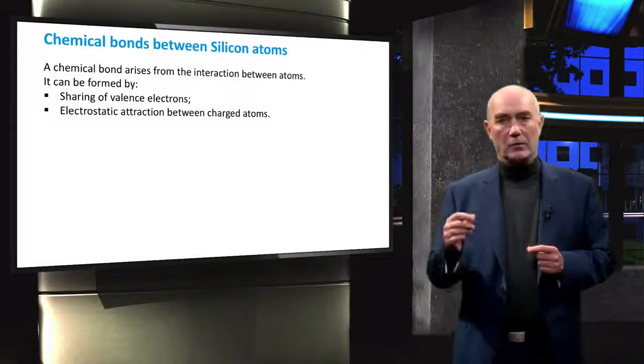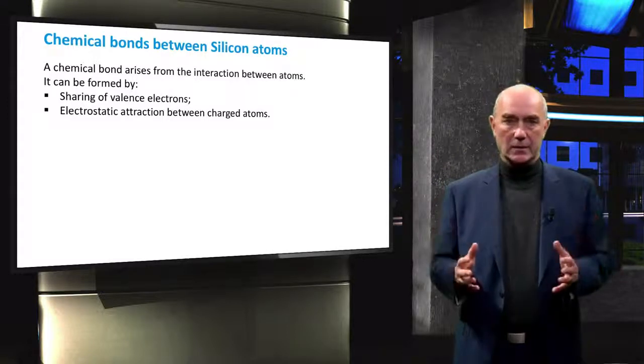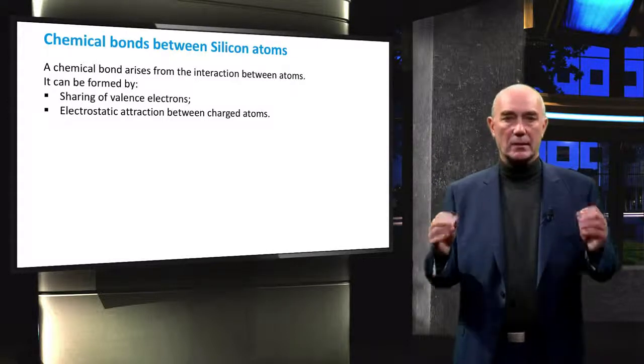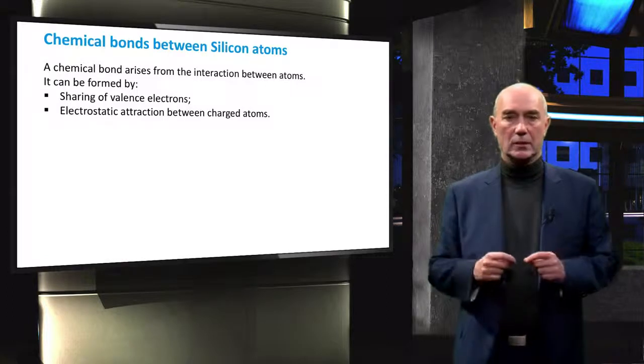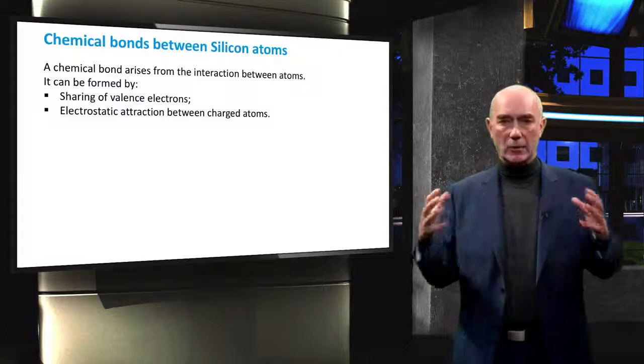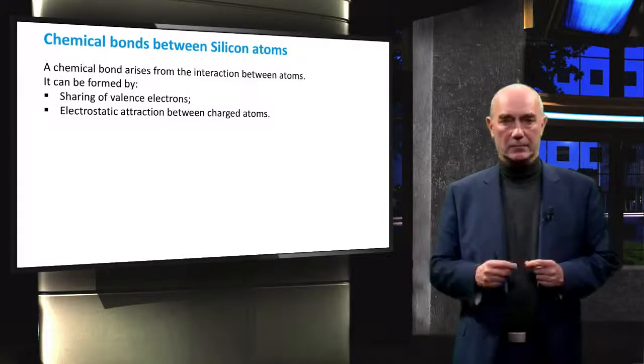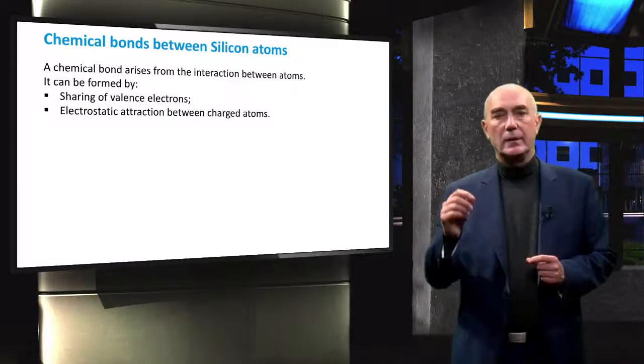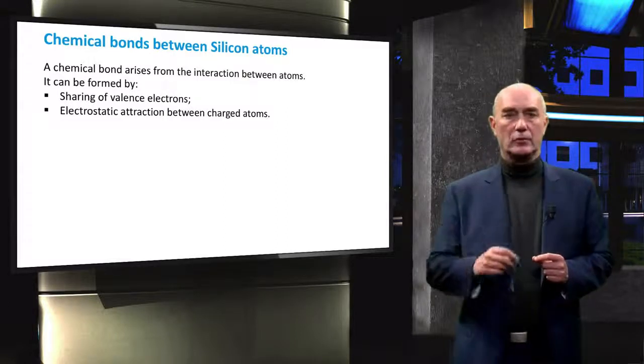An atom forms bonds with other atoms in order to achieve the most stable electronic configuration. This configuration is characterized by having the outer shell orbitals filled. In chemistry, this situation is called the octet rule.